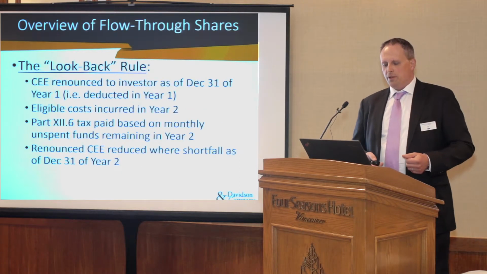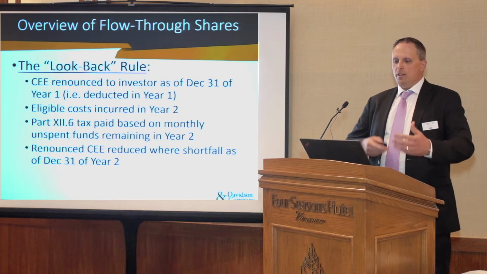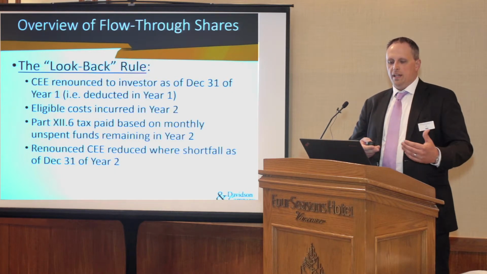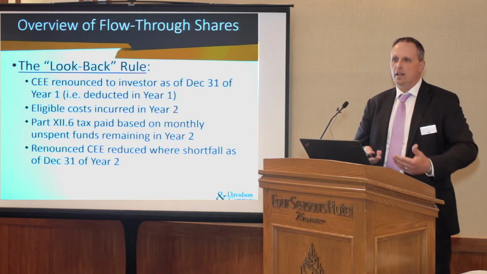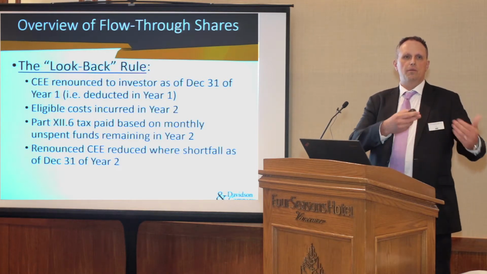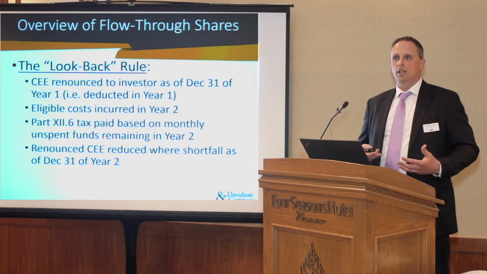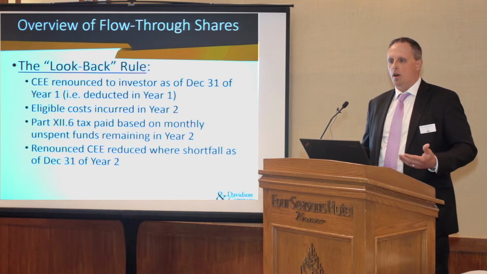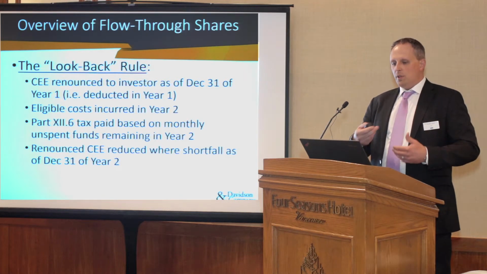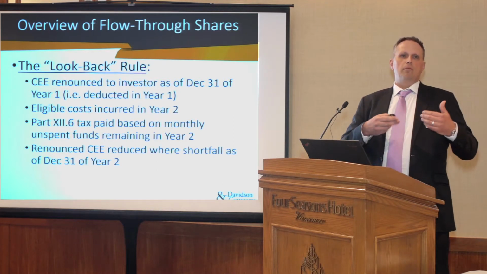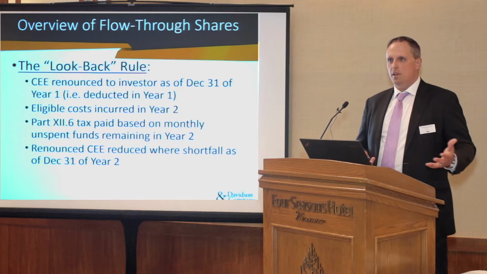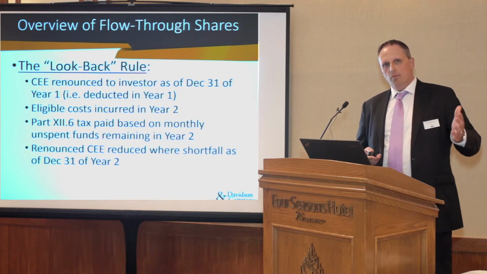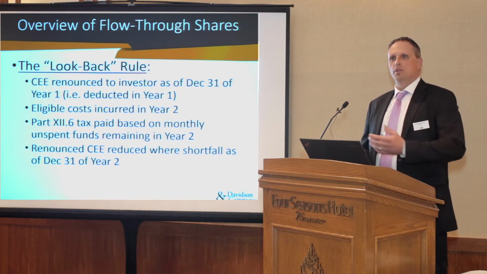So the look-back rule. Generally the way this works is that there's a way that you can actually renounce those expenditures to investors before you actually incur the costs. So often what will happen is the flow-through will be renounced on December 31st of year one, and then the eligible costs are incurred throughout year two.